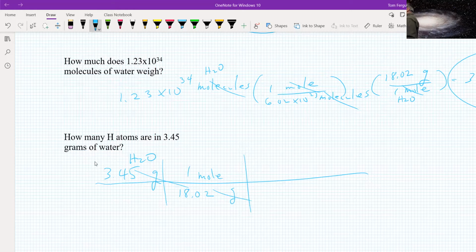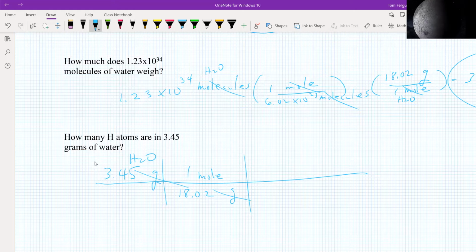What's our next step? Okay. Yes, but before that, what does the 18.02 correspond to? Does that correspond to anything else? This corresponds to the whole molecule of water.